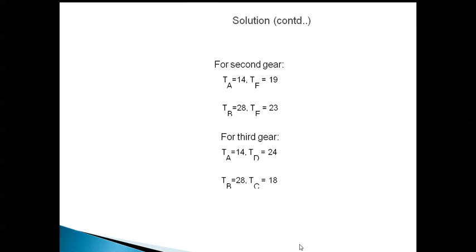So train value is nothing but driven speed by driver speed. So this is the problem on motor car gearbox.